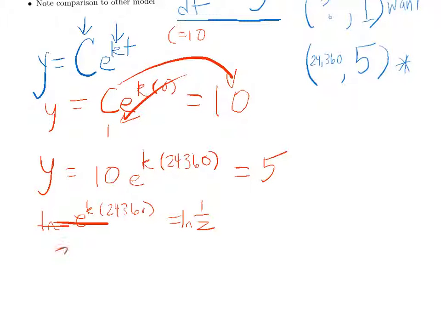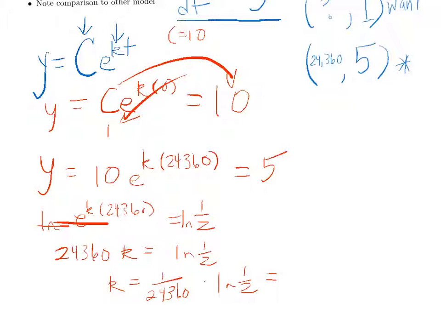So 24,360k equals ln of 1/2. k is 1 over 24,360 times ln of 1/2. If we plug this into a calculator, we get about negative 0.000028454. So pretty small number there.